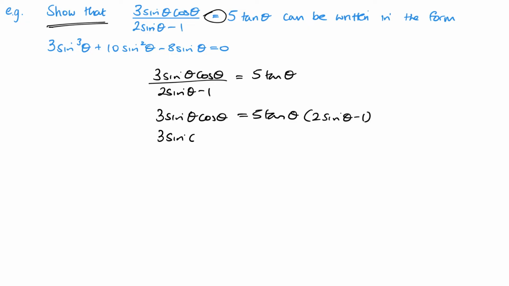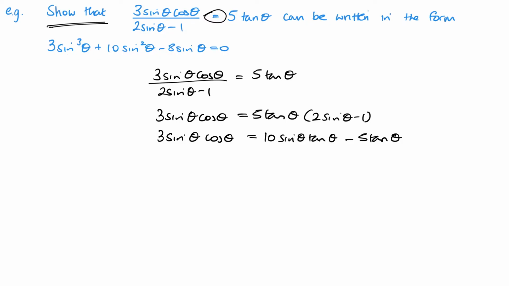Now I'm going to look at expanding my bracket. So we get 5, sorry, this is going to become 10, isn't it? 5 times 2 is 10 sine theta tan theta minus 5 tan theta. Now clearly there's no tans or cosines in here, it's all sine.